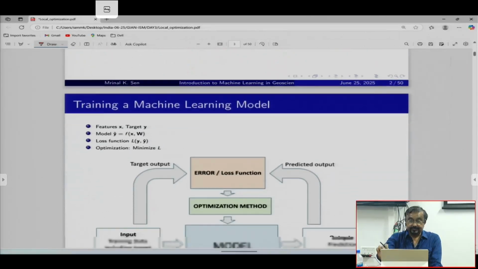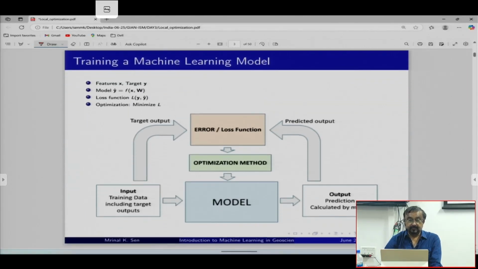So why do we need to talk about optimization? Well, we have our data D, and from there, we want to know about the model M. And we also know how to generate our theoretical data. Theoretical data, or synthetic data, is given by some equation involving M. Okay? M is a set of parameters that you're interested in.